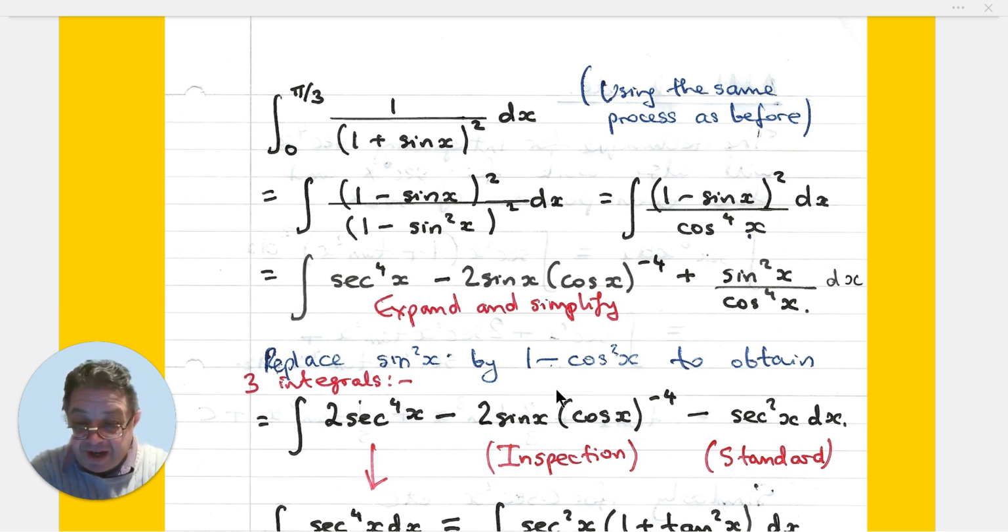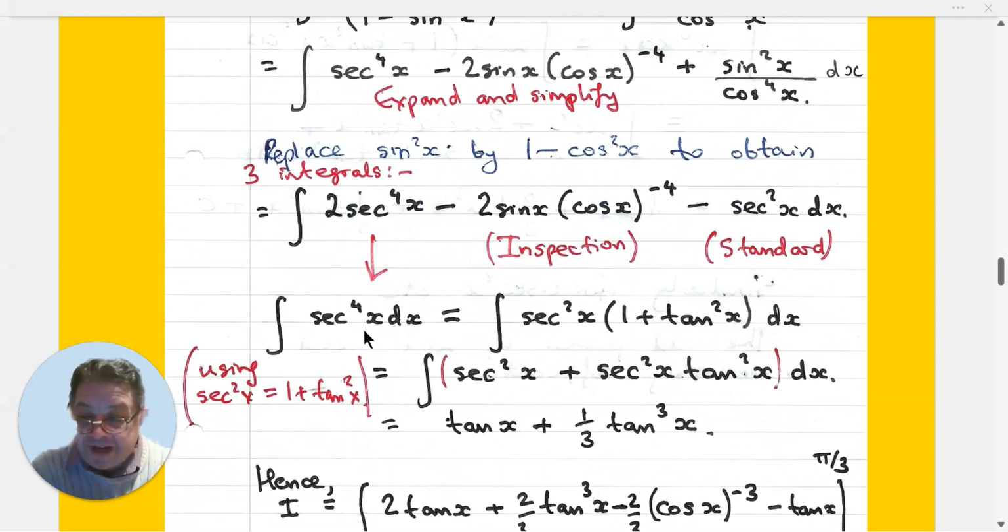Given what we've done earlier, we're able to do the second part by inspection. The integral of sec squared is standard. Sec to the 4x is perhaps the new and more difficult part here, and the way it's done as standard is to split it up into sec squared times sec squared and replace the second sec squared by 1 plus tan squared x.